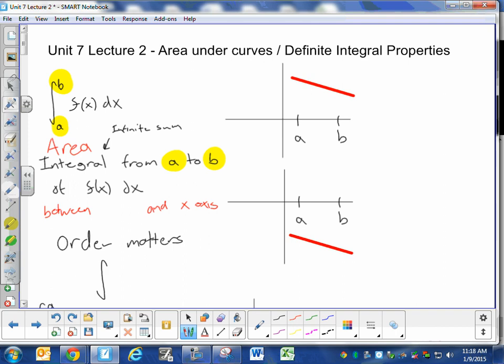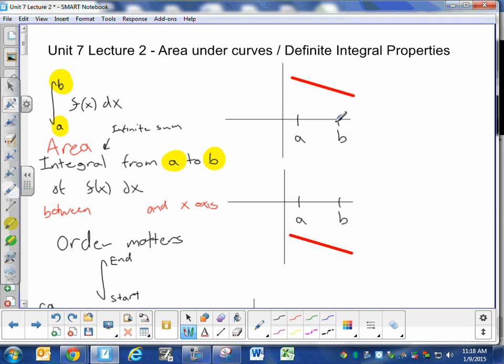So in your integral, what is down here is where we are going to start. The bottom number is your starting point. The number up at the top here is your ending point. Your finishing point.